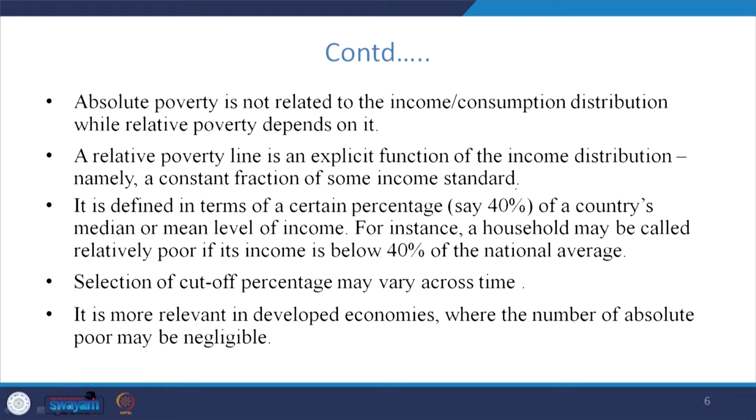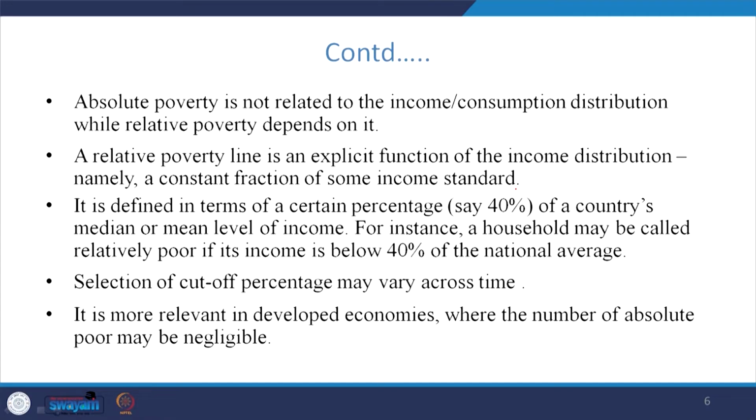For instance, a household may be called relatively poor if its income is below 40% of the national average. Average may be median or mean. Selection of the cutoff percentage may vary across time. So, it is not static; depending upon the economic condition and how the country is growing, this percentage can be changed.